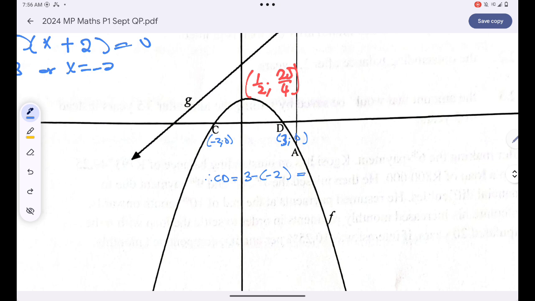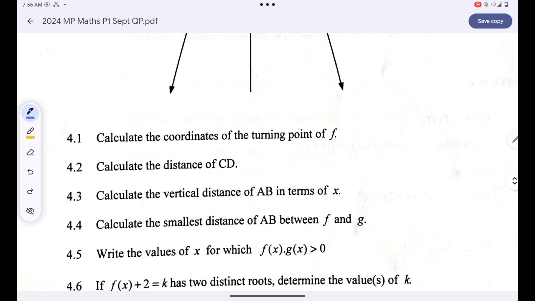Always take the bigger x value minus the smaller one. So 3 minus negative 2 is just equal to 5 units. So the length of CD is equal to 5 units. Remember that, guys, our turning point, we got 1 over 2 and 25 over 4.